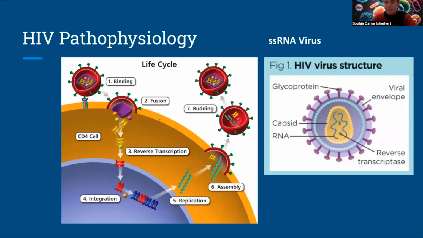So what actually happens with HIV? This probably won't be tested, but it's very interesting, so I'll just whiz through it. This is the HIV structure. It's enveloped, and that binds it with the host cell membrane.